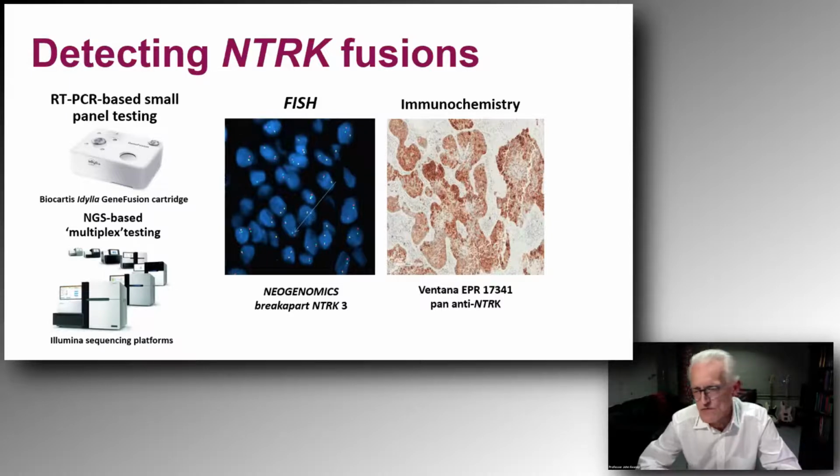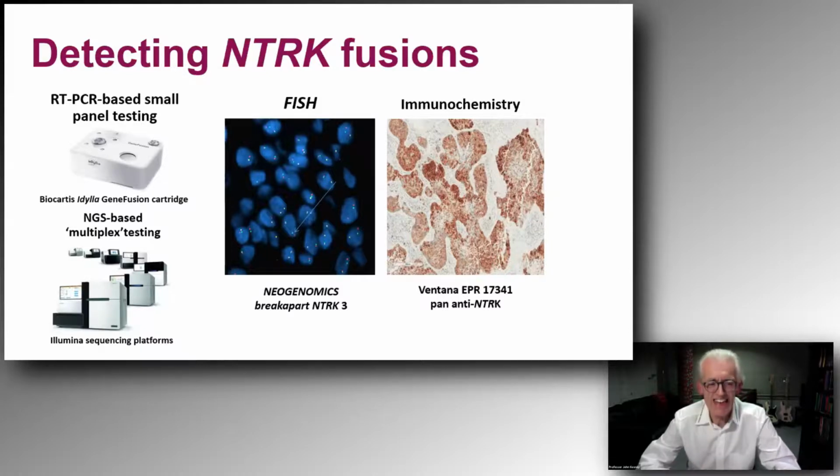Their gene fusion cartridge, which is currently still under development and being trialed, is capable of looking for ALK, ROS1, MET, NTRK, and RET. So that's rather expanding the capability of our equivalent Nespresso machine, which is interesting.